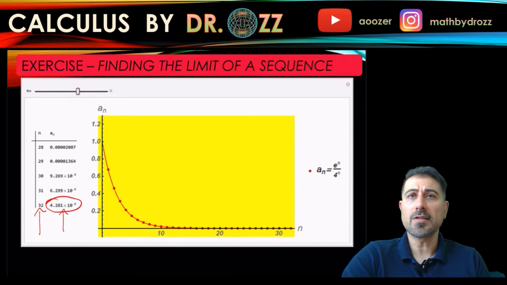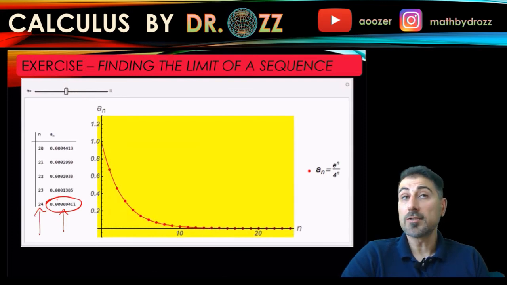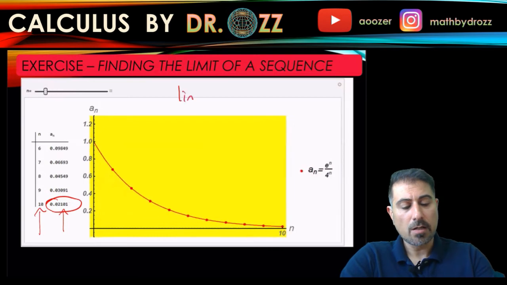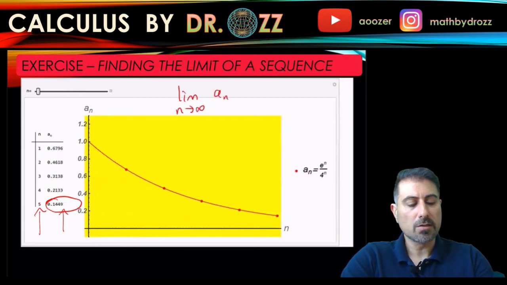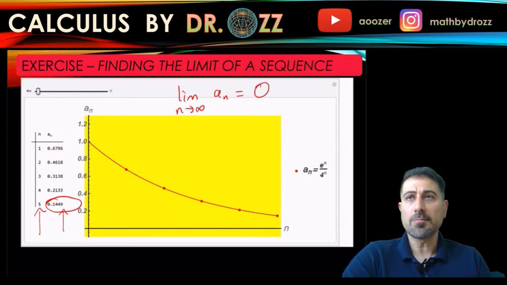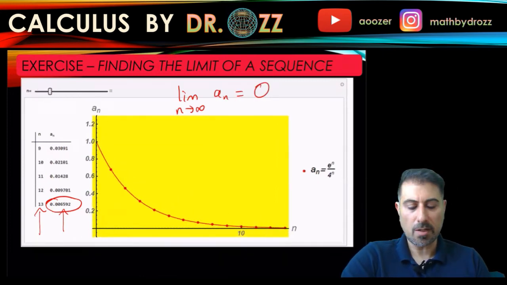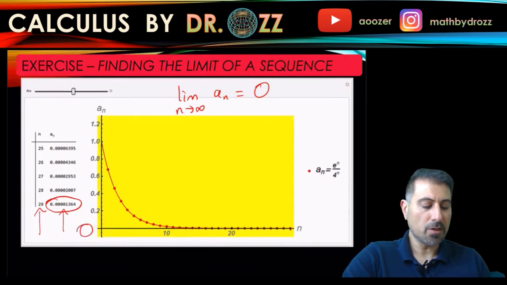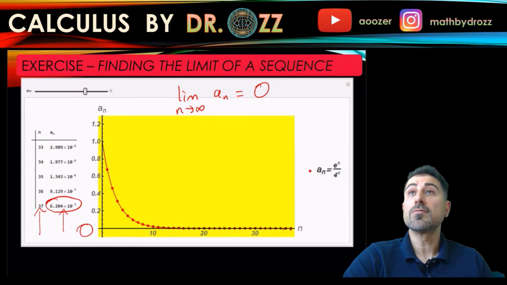So just by looking at the table, this tells us that a_n approaches 0. And from the graph, we can observe the same type of behavior because we just plot those points. As you see, the values are approaching 0.